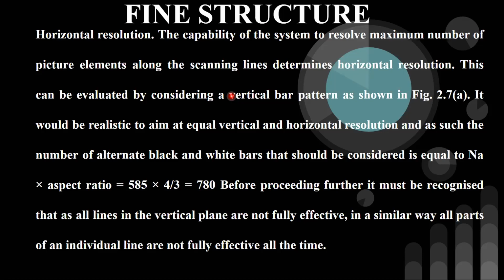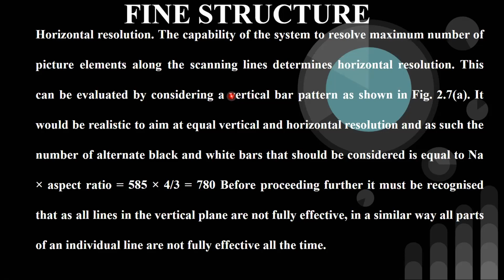So to calculate the horizontal resolution value, simply multiply this 585 by the aspect ratio. So what is the aspect ratio? 585 multiplied by 4 by 3.